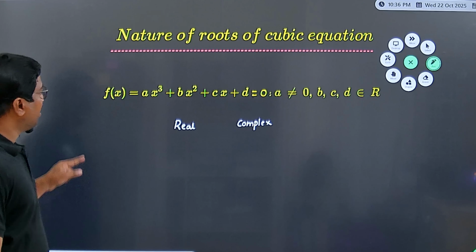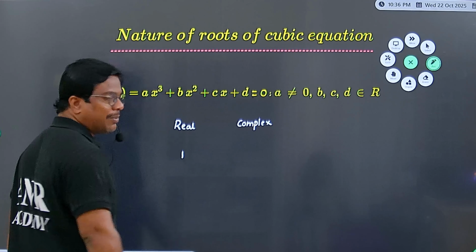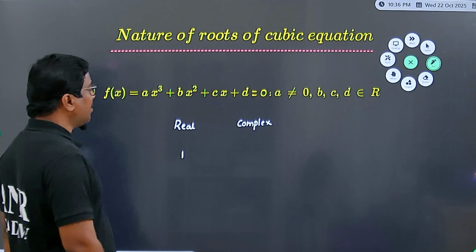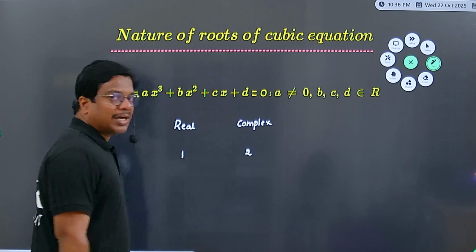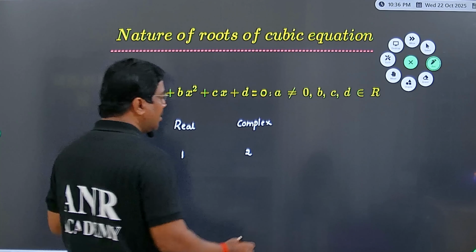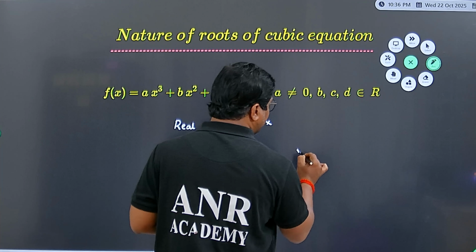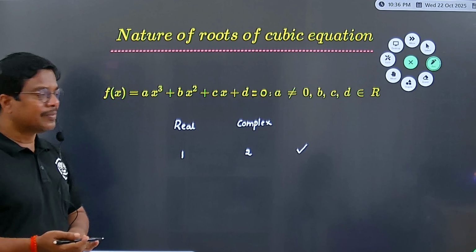Suppose that the function f of x has only one real root, implies the remaining 2 roots must be complex, and we know that complex roots are conjugate, so yes, there is a possibility to get one real root and 2 complex roots.